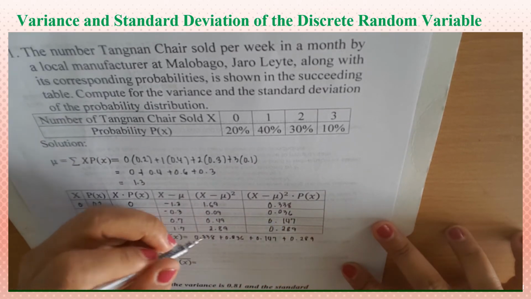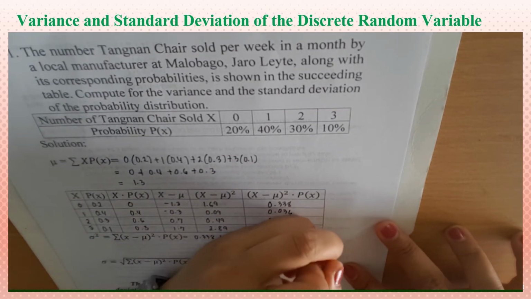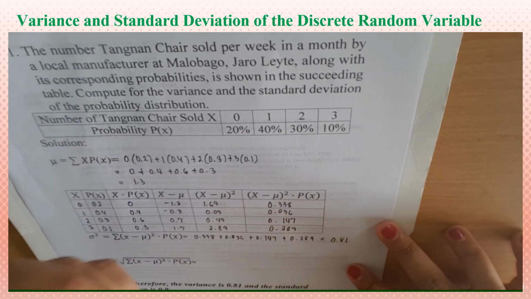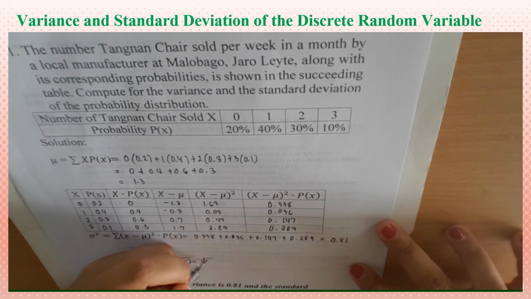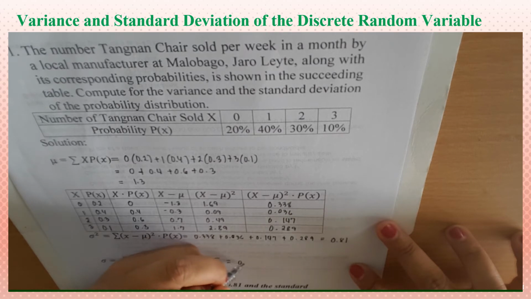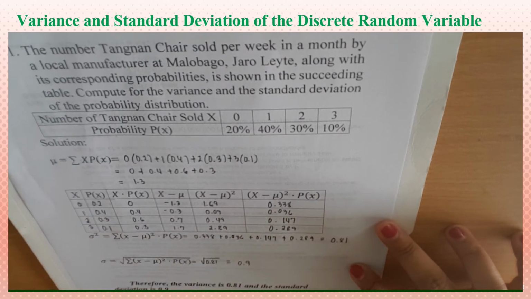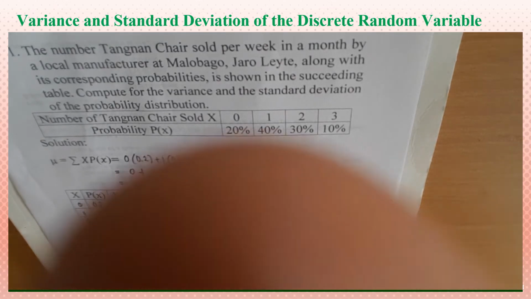Summing it up would give you 0.81. For the standard deviation, which is just the square root of your variance, that would give you the square root of 0.81, and that is equal to 0.9. So therefore, the variance is 0.81 and the standard deviation is 0.9.